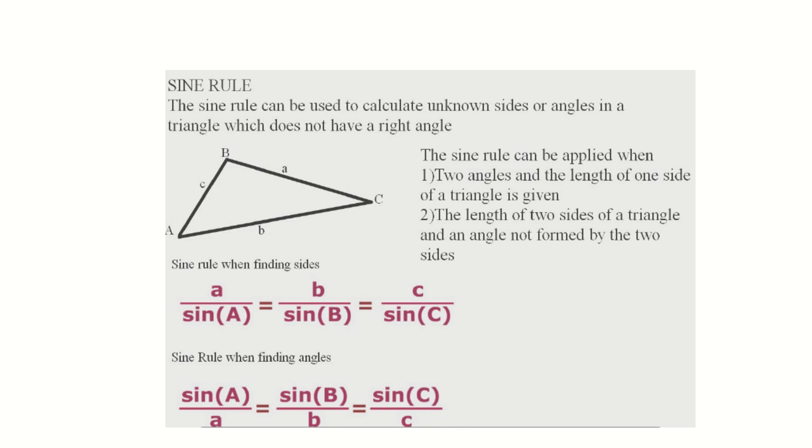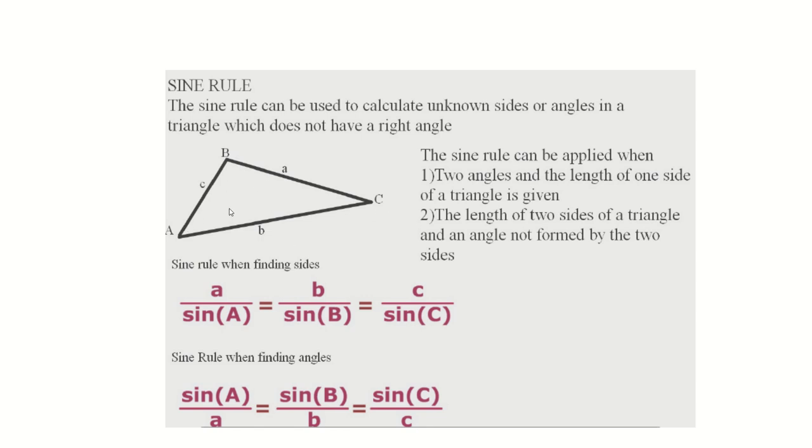Now your sine rule and cosine rule are used for triangles that are not right-angled. For your sine rule, you need a side and a corresponding angle. When I say a side and a corresponding angle, if I have side A, my corresponding angle is angle A, that is the angle opposite that side.